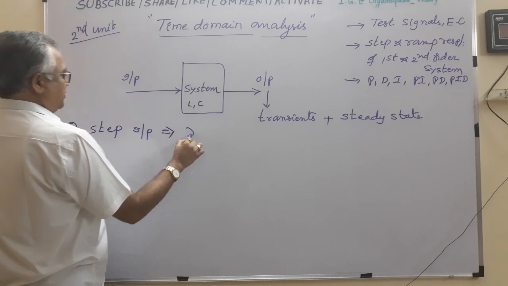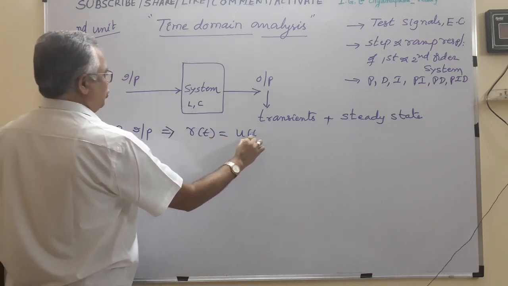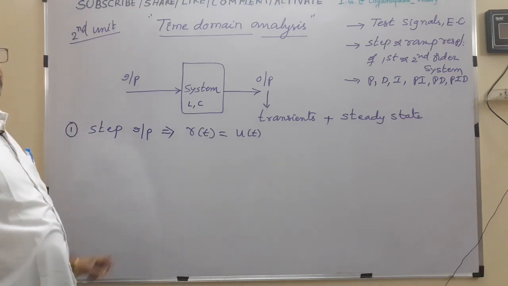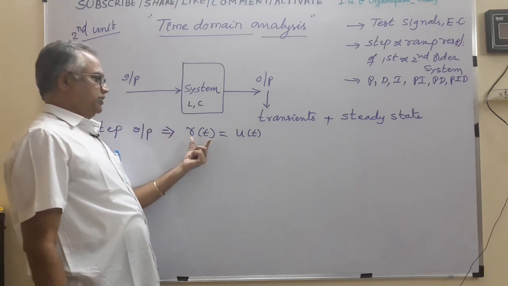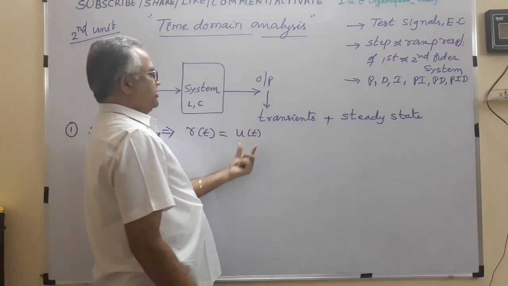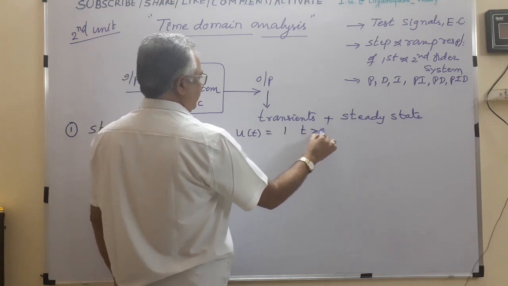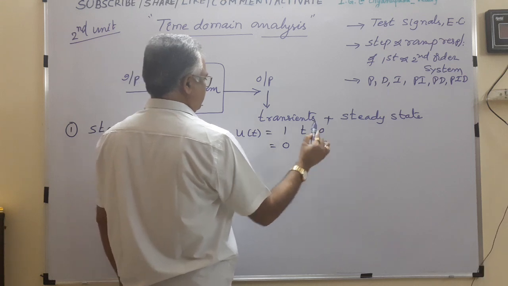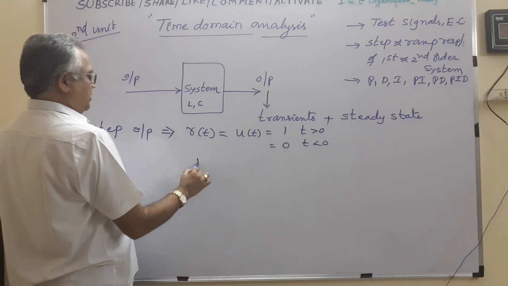How is it defined? r of t is equal to u of t, unit step. R of s is the Laplace of the input, and the inverse will be r of t. Unit step is equal to 1 for t greater than 0, equal to 0 for t less than 0. What is the Laplace of this?